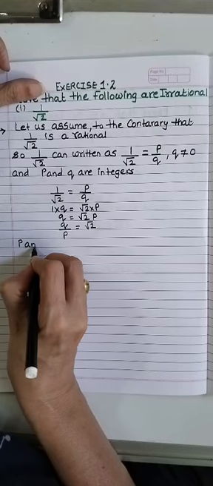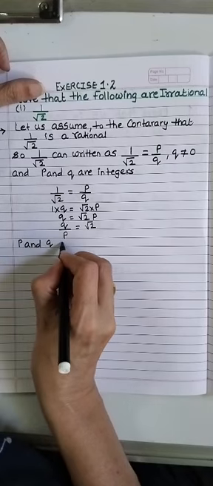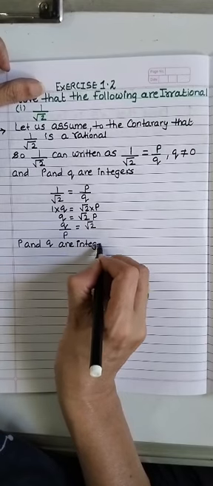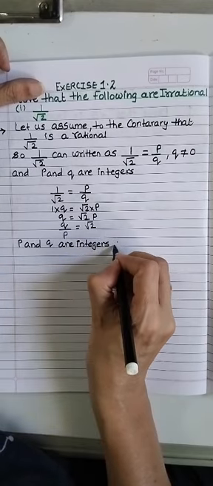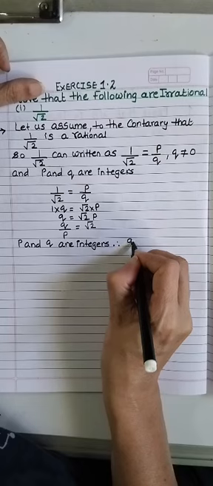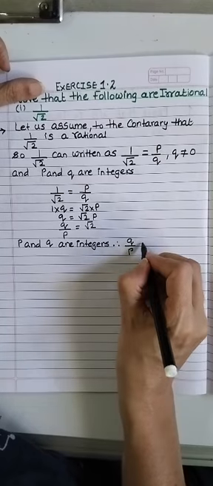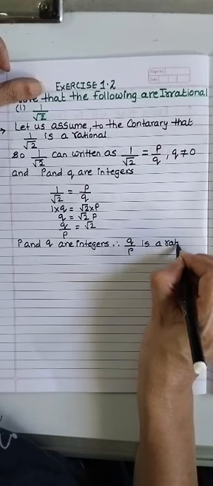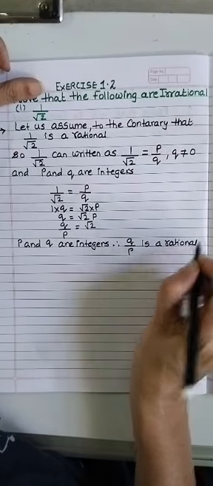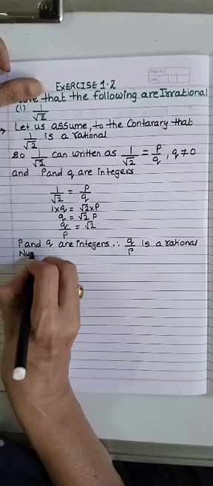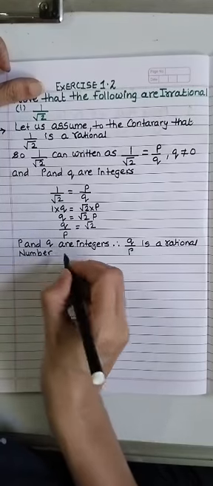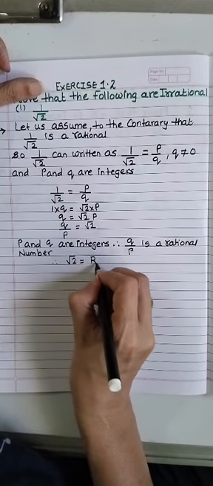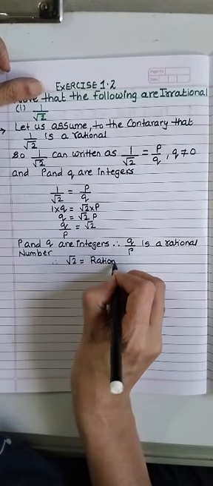p and q are integers, and therefore q upon p is a rational number. Therefore under root 2 is equal to a rational number.